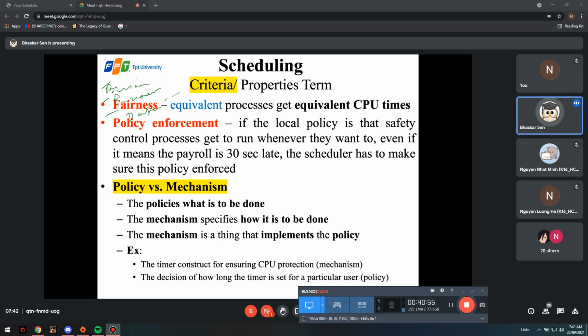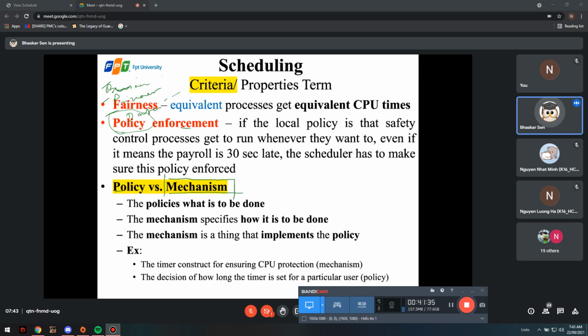It could even come from the government policies. And wherever the policy comes from, these policies must be implemented. And while we try to implement it, we need to find a mechanism. So that's what you call the fairness and policy enforcement. These two factors will always be there before you start judging.